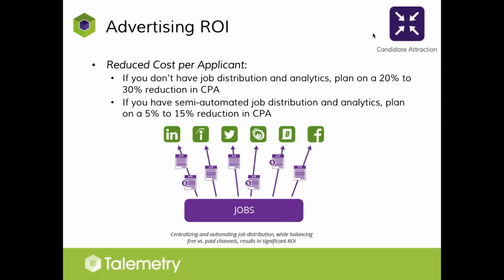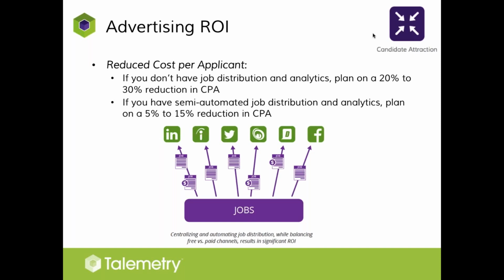So, reduced cost per applicant. Basically, if you don't have any systems at all, and either your recruiters are pushing jobs out, or you got some mishmash of vendors that are scraping various sites, once you put in a proper system, you can pretty much plan a 20 to 30% reduction in your cost per applicant, because of some of the reasons I spoke of on the earlier slide.